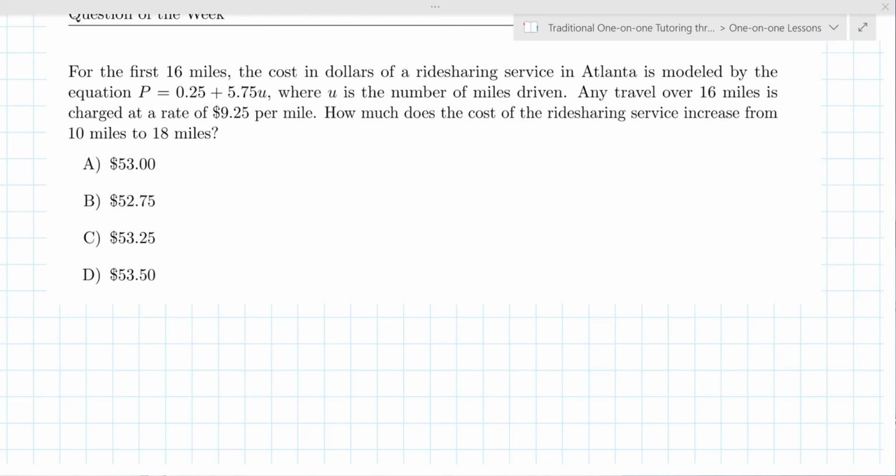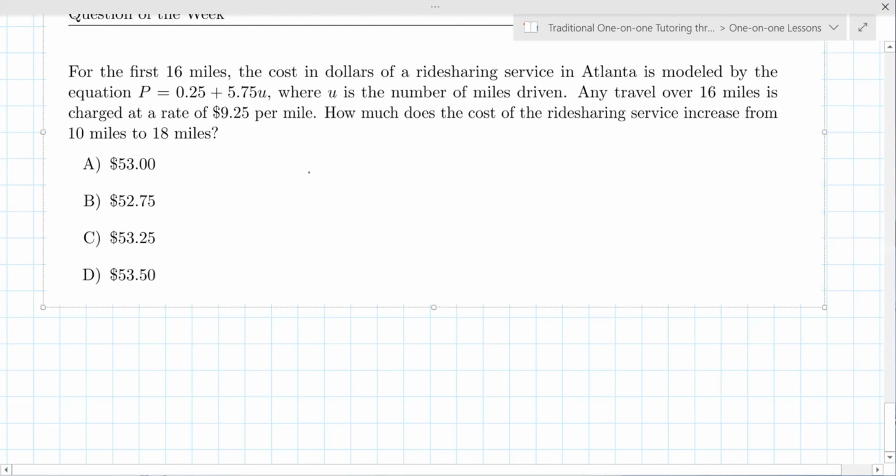Okay, looks like you guys both got this correct. So let me try to show you how to maybe shortcut a problem like this. I'm going to draw a picture here. There's a start cost, and if you go to 16 miles, there's a cost for that.